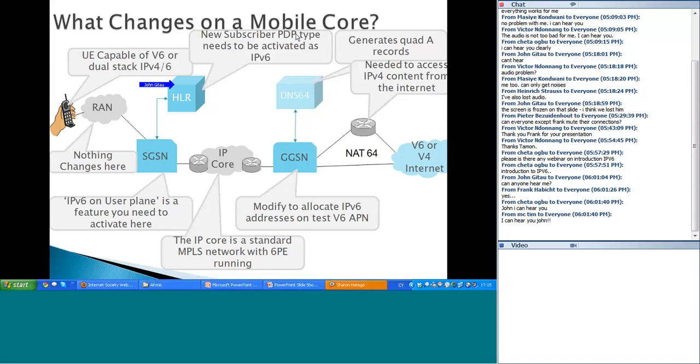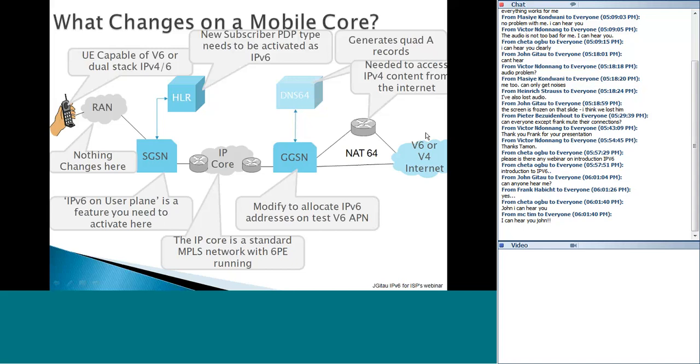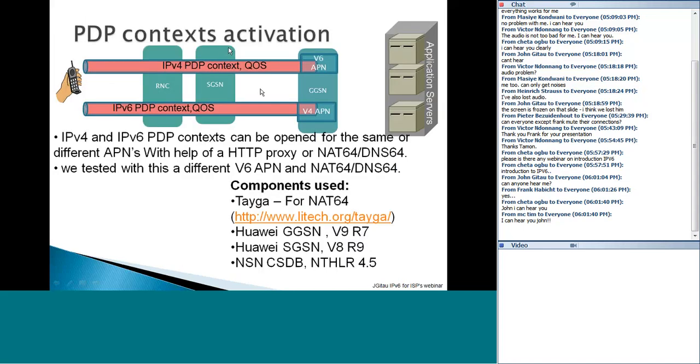All right. So when I set up a PDP context, two will be created. You have an IPv4 PDP context here, and you have an IPv6 PDP context.